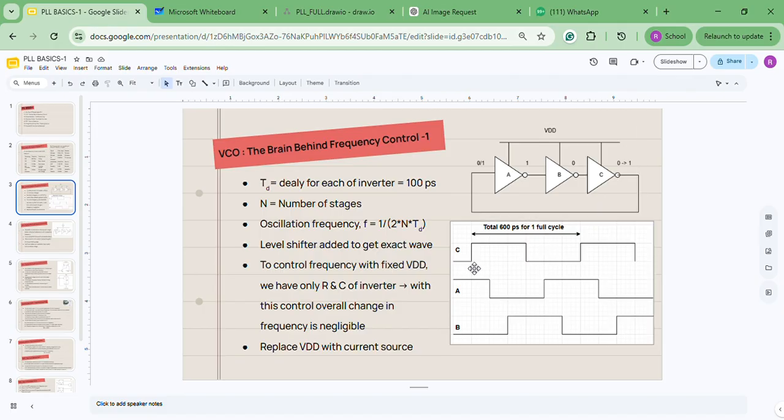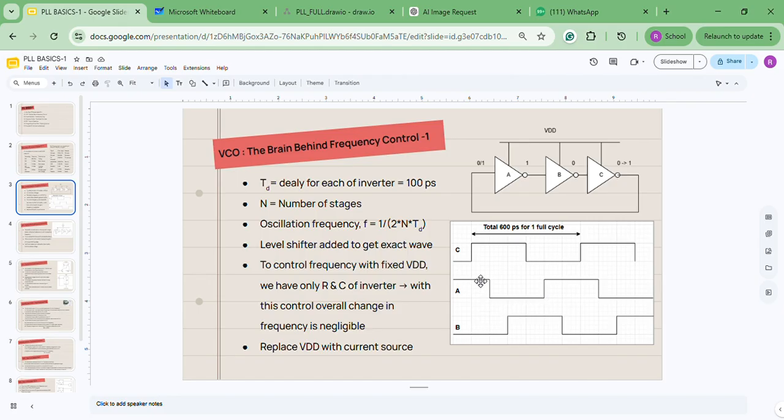Suppose C was initially at 0 and it jumped to 1. In that case, A will take a delay of TD. So A is still at the initial position, but it has got this signal from C, and A will be triggered after a delay of TD.